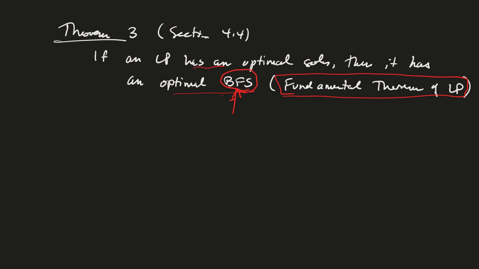Notice that this is a strong statement here, right? That if it has an optimal solution, then it has an optimal basic feasible solution. Okay, so the solutions we're going to be looking for are solutions lying on the set of the basic feasible solution set. Okay, very good. So this actually gives us an algorithm almost.